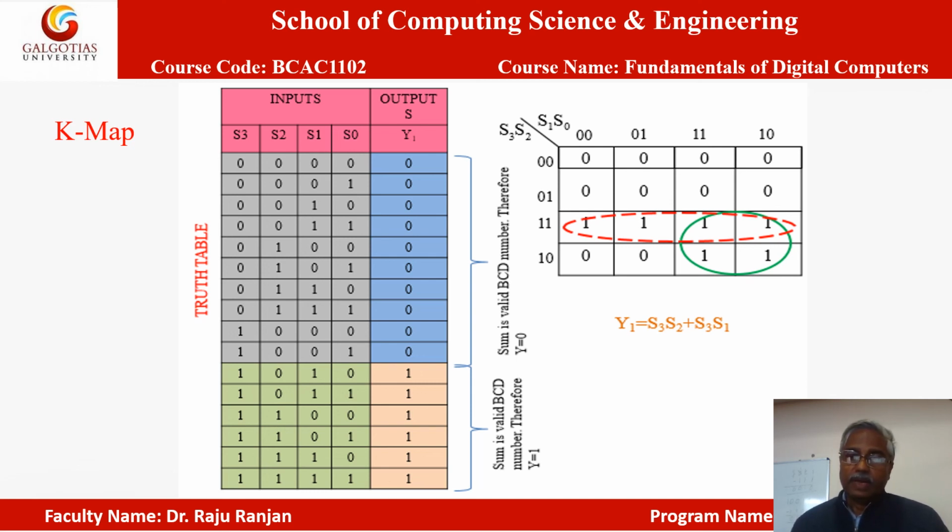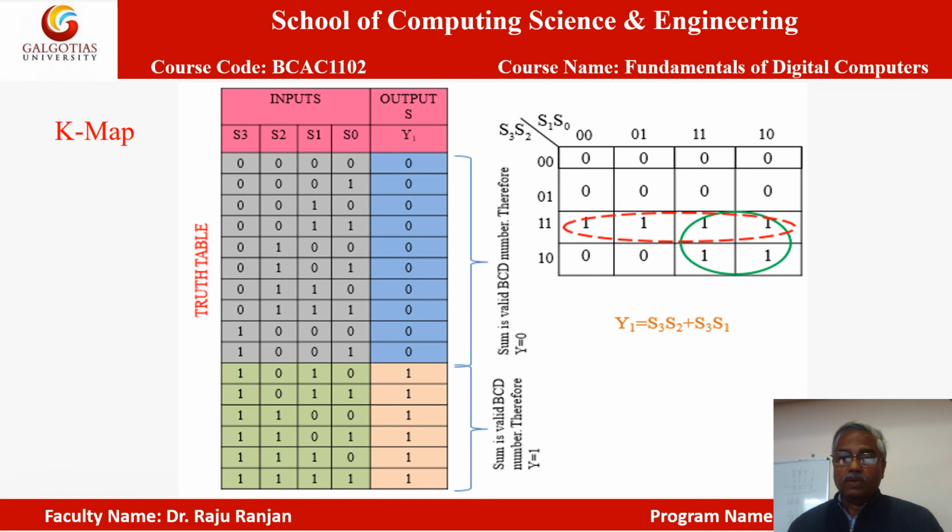So for the group marked by red circle, we will find the row number, that is 1 1, it is the value of S3 and S2. So we will write here S3 S2. You can look at the expression below. So Y1 is written here S3 S2 plus the second group, that is marked by green color. So how to represent the second group?